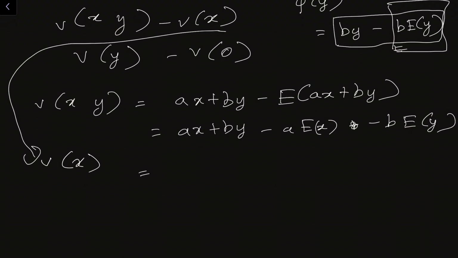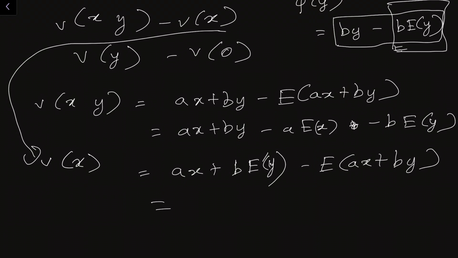So that will be ax plus b expected value of y, because for Vx we are assuming that y hasn't played a significant role here, or has played a very average game, minus expected value of ax plus by.